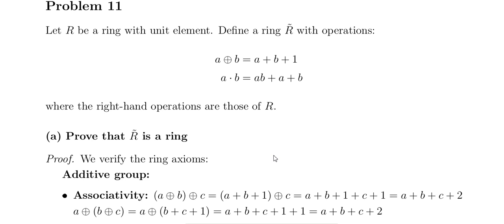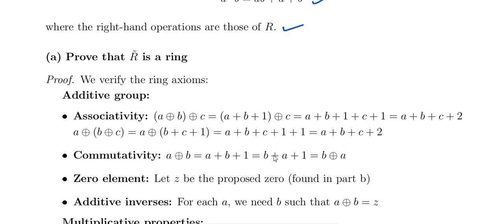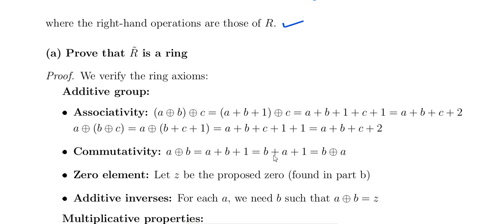Like this, let R be a ring with unit element, and define R tilde with the operations a circle plus b equal to a plus b plus 1 and a circle times b equal to ab plus a plus b, where the right hand operations are those of R. So first of all, this R tilde is a ring.